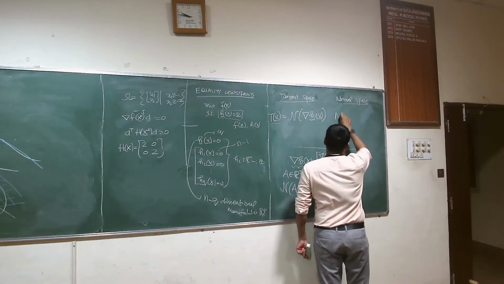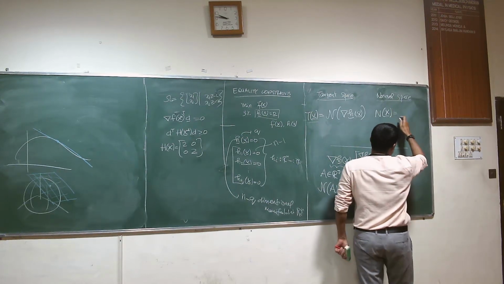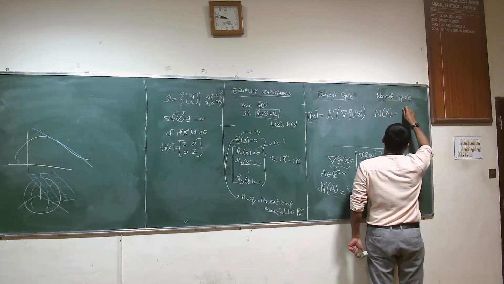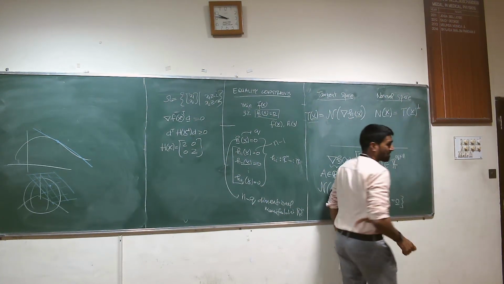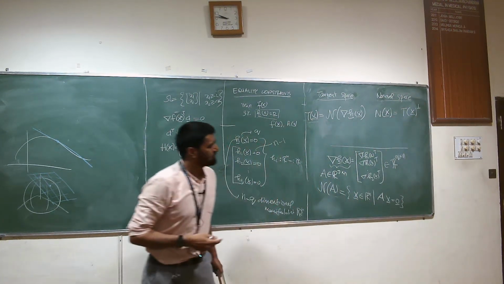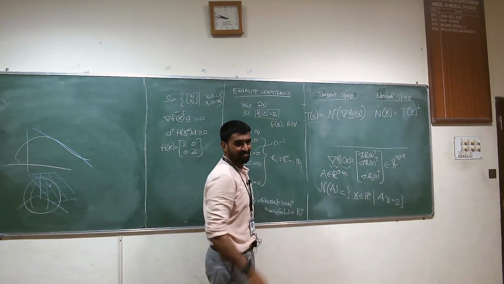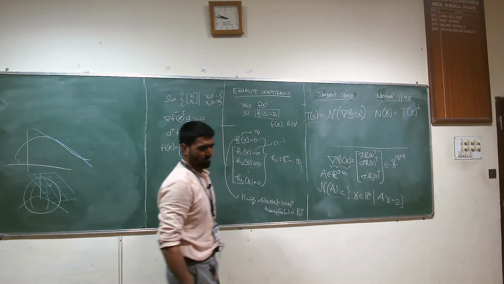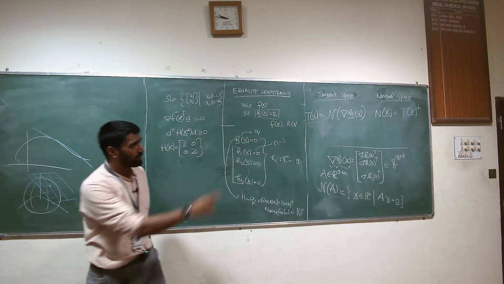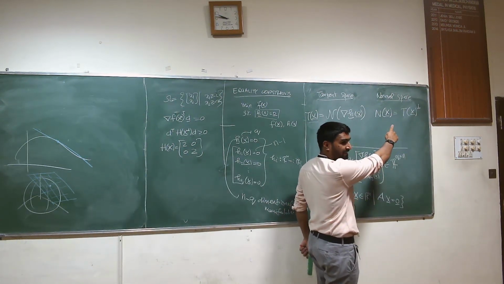The normal space is simply this. You can tell me what this means. What is that? Oh, you're correct. That's the row space of what?